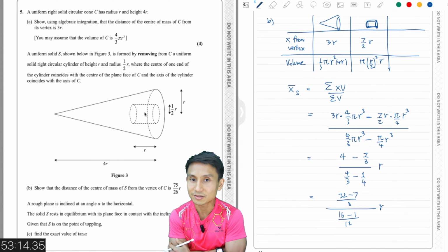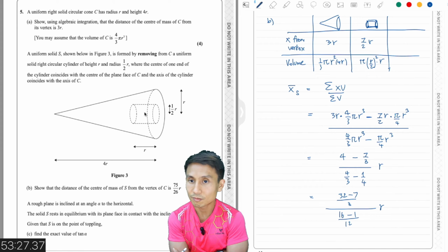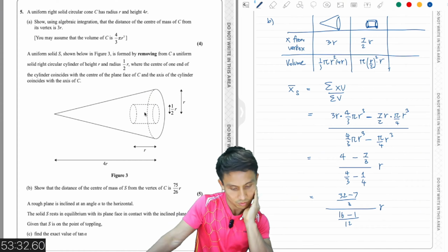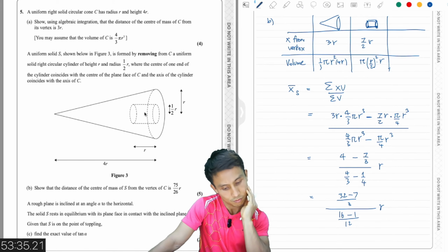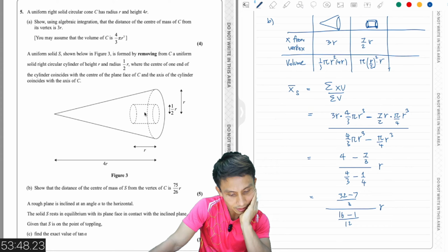Is there anything about the density that I'm missing here? No. 4 pi r to the 4 minus 7 over 8 over 4 over 3 minus 1 over 4.